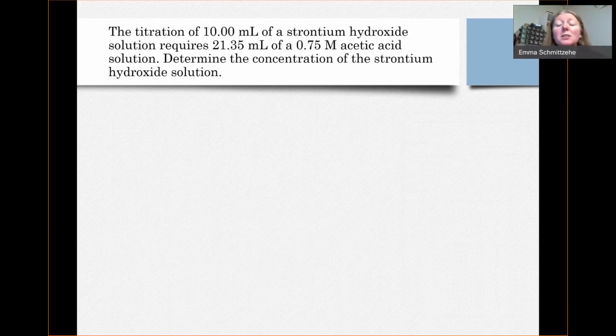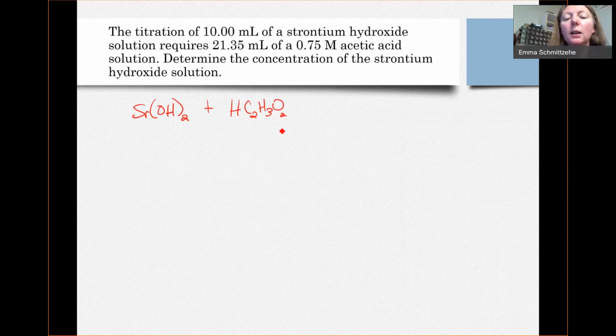So first off, since I know this is a reaction and it wasn't given, I'm going to write the reaction and balance it. So I have strontium hydroxide, which is Sr(OH)2, because strontium is a group 2, so it has a 2+ charge, and hydroxide's a -1. And that's going to react with acetic acid, which is HC2H3O2.